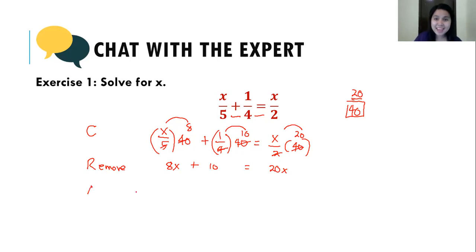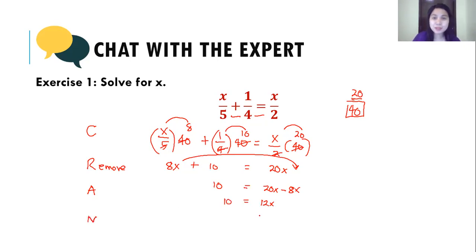Next, A, add. So we use the transposition property. We will add -8x to one side and add -8x to the other side. But actually, you can make it a shortcut with this one. So we now have 12x equals 10.